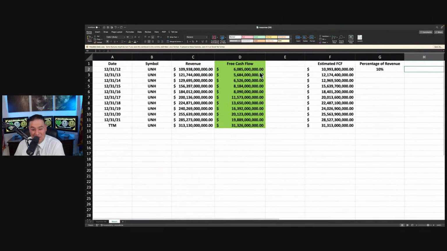But you can see, in the beginning, United Healthcare only was at 5% of the revenue. So what's the point of this? And why am I doing this? Well, it's very clear. United Healthcare in 2012 was working towards generating a successful business, improving its gross margins, and little by little, tick by tick, 10 years later, in 2022, United Healthcare now sucks more of its cash and is allowing it to go on free cash flow.